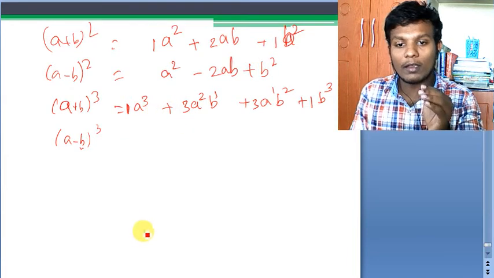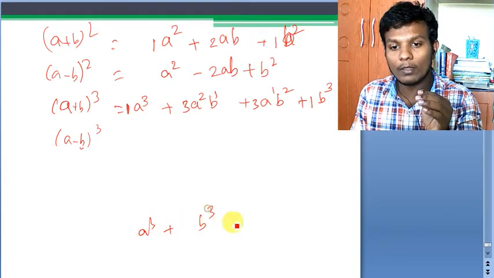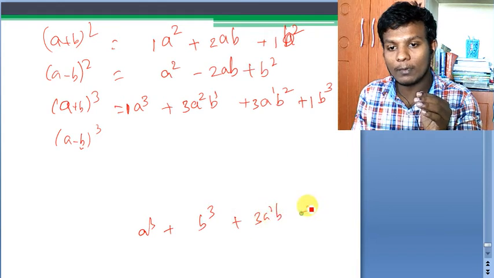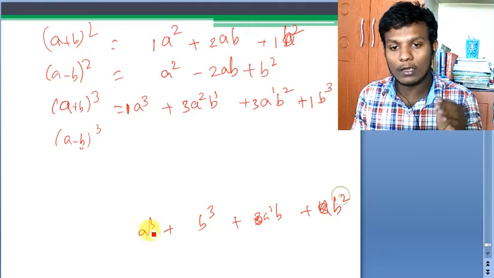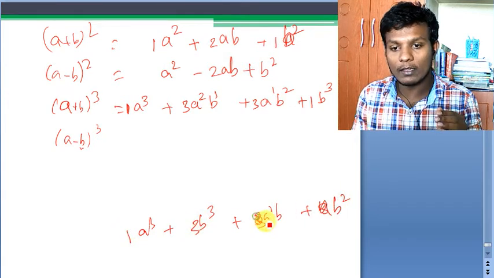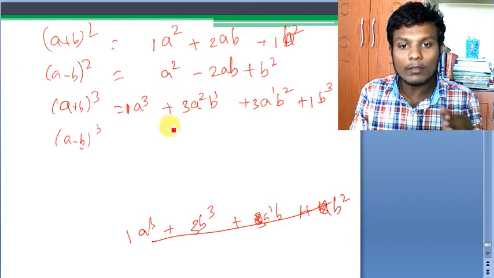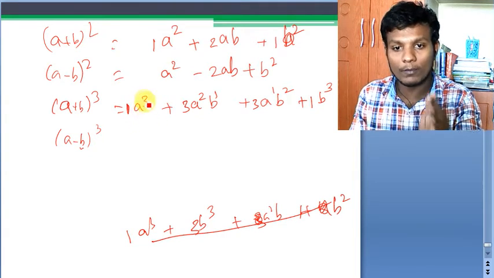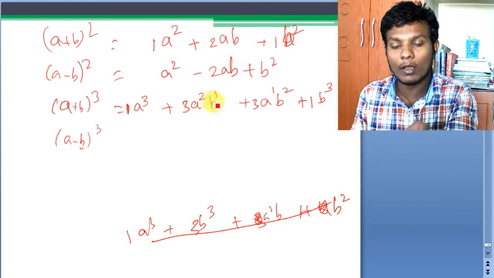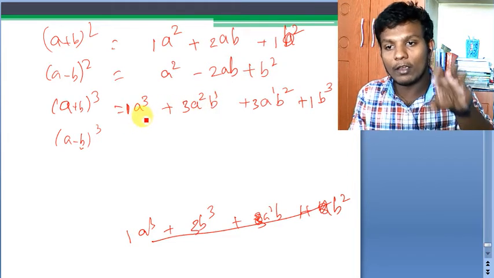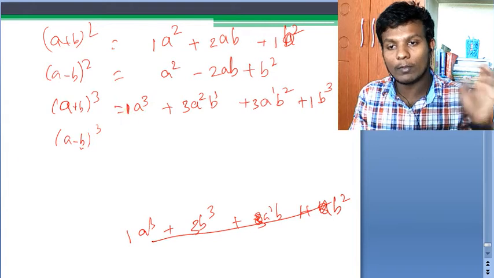You should not write a cube here, b cube there, and 3a square b somewhere else, and then say 1 3 3 1. It's wrong, because I'm using a systematic procedure, decreasing one variable and simultaneously increasing the other variable in the product. Then only we can introduce these coefficients from the Pascal triangle.